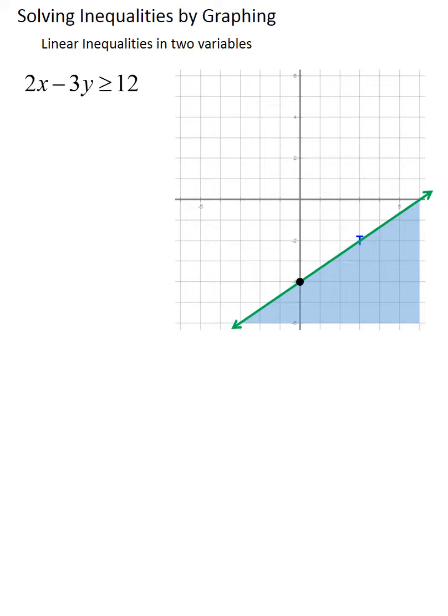Random point on the line, 0, -4. If we plugged 0, -4 into the inequality and did the arithmetic, the same thing would happen. We would get 12 greater than or equal to 12, also a true statement. It turns out, if we were to keep doing this, every point on the line would be true.